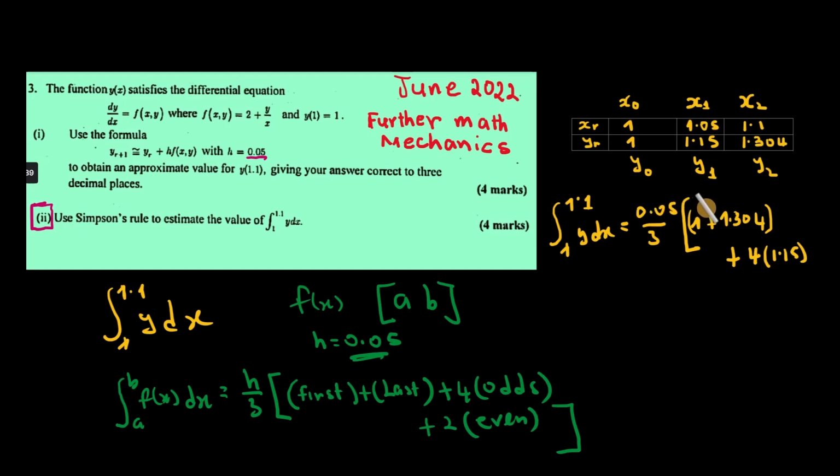But here there are no even terms between the first and the last term. So the only term we have between the first and the last is the odd term. We call this term the odd term because the subscript of y, which is 1, is odd. Now this is equal to (2.304 plus 4 times 1.15, which is 6.904) times 0.05 all over 3, which is equal to 0.115 to 3 decimal places.